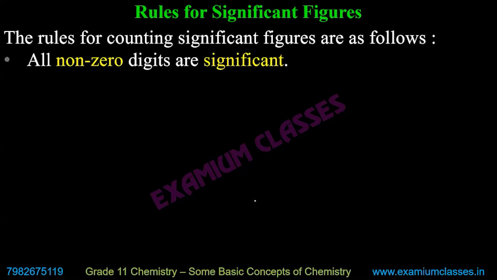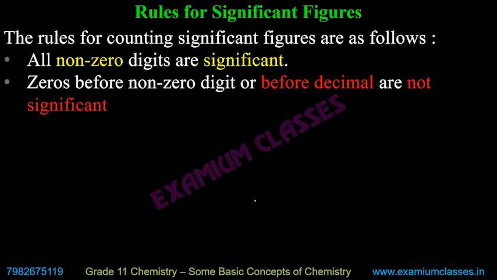All non-zero digits are always significant. Zeros before non-zero digits or before the decimal are not significant. So zeros, if they are before the decimal or before any digit, or zeros that do not have any non-zero digit towards the left, will not be considered.